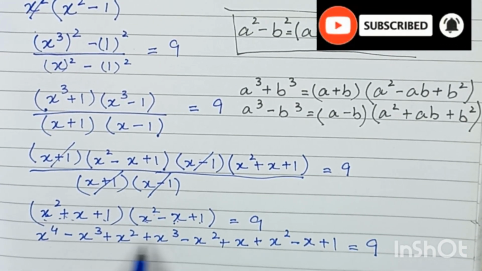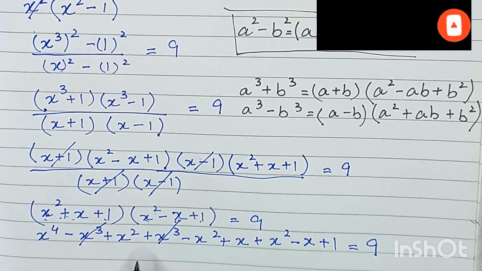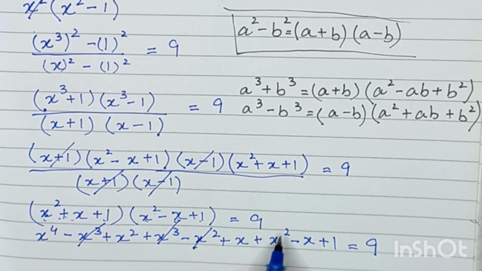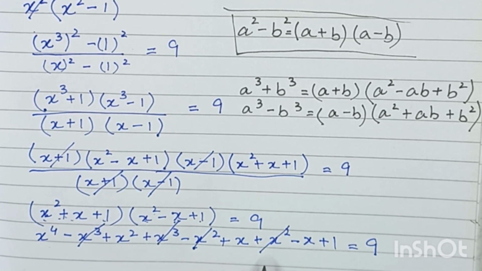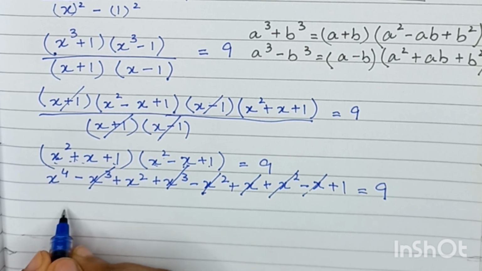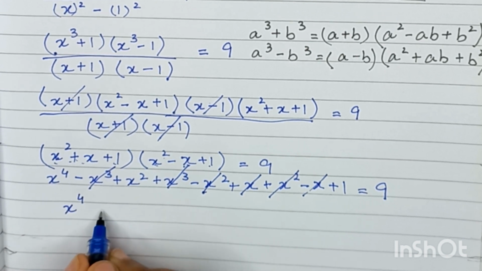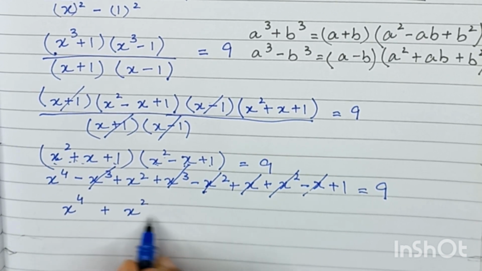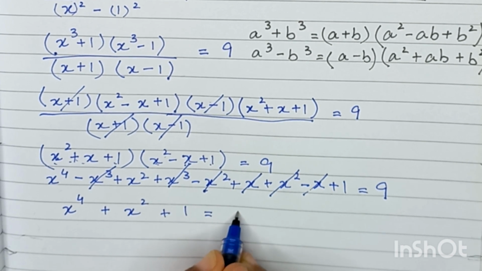So negative x^3 and positive x^3 will cancel out, negative x^2 and positive x^2 will cancel out, and positive x and negative x will cancel. So we have left x^4 plus x^2 plus 1, which is equal to 9.